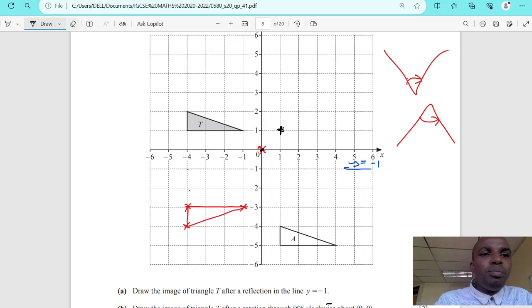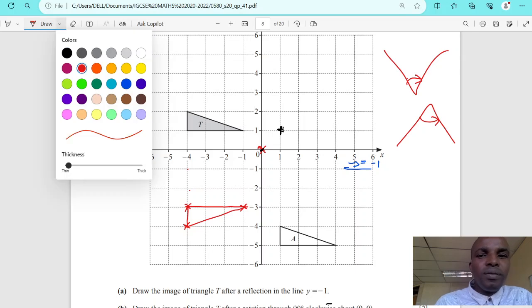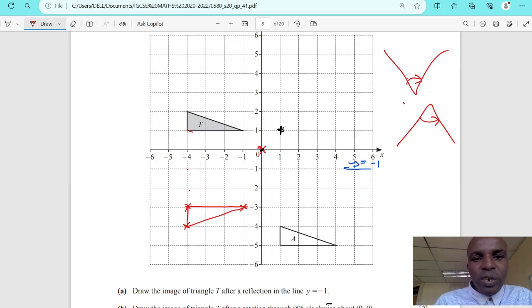Then the next other point, I can take this point. Then I will join with the center. Right. Then 90 degrees approximately. Let me just check like this. 90 degrees approximately. So this one, is it approximately 90?